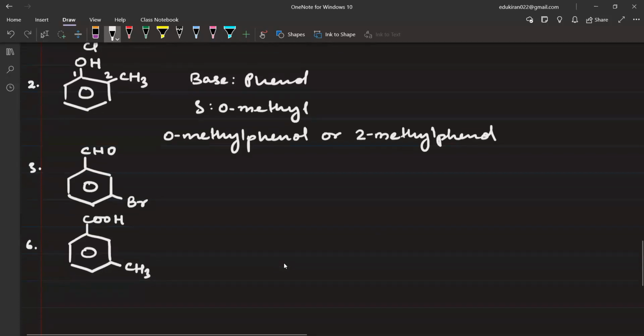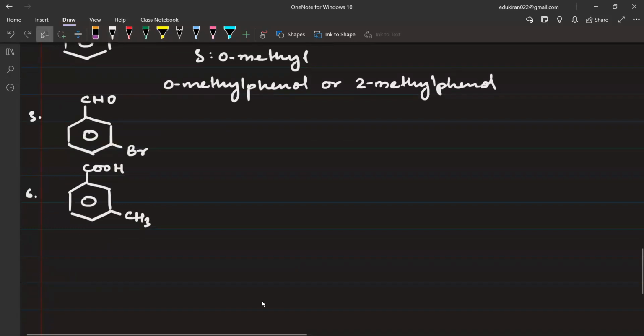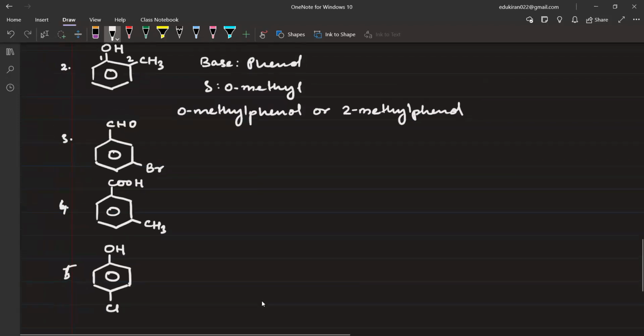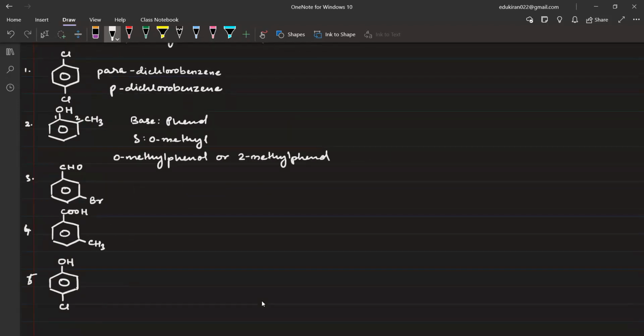We'll use benzoic acid in the sixth case. Right, seventh one. After three I went straight to 6, it should be 4, then 5. This you have OH and you have Cl. Okay, so write these three names and let me know once you're done.